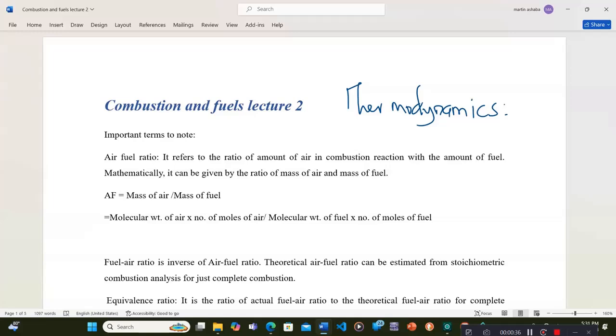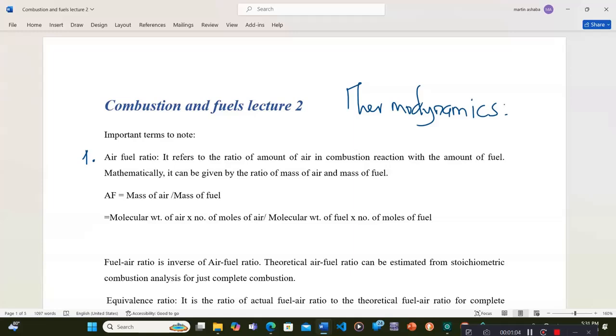Now, the first term that we need to look at is what we call air-fuel ratio, and this refers to the ratio of the amount of air in combustion reaction with the amount of fuel. In other words, the amount of air that is reacting with the amount of fuel in a combustion reaction.